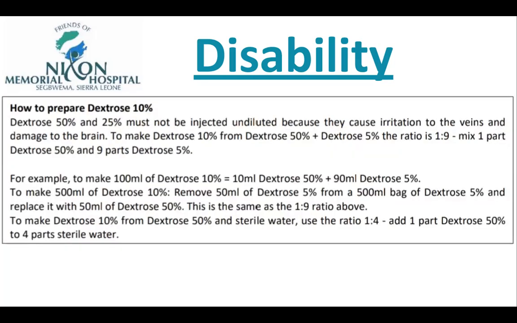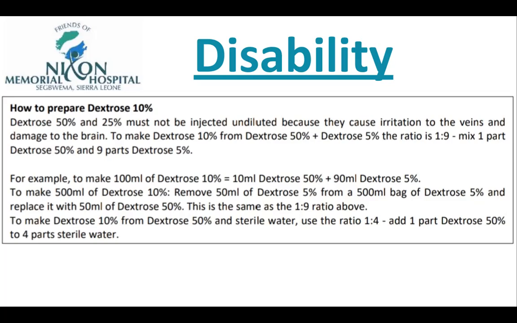So how to prepare dextrose 10%? Dextrose 50% must not be injected undiluted because it can cause irritation to our veins, and it can also cause damage to our brain.